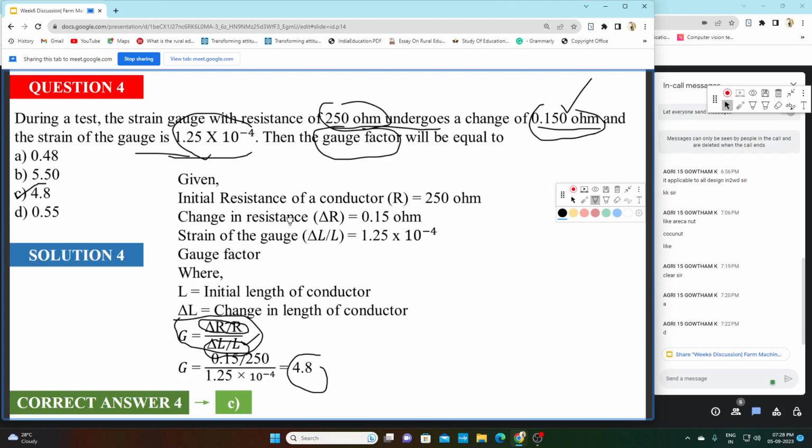R is given, that is 250. Strain delta L by L is given, that is 1.25 into 10 raised to the minus 4. So 0.15 by 250 divided by 1.25 into 10 raised to the minus 4. When you do the calculation, you will get the answer as 4.8. So option C is your correct answer.